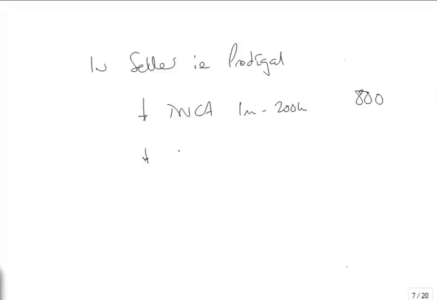And the seller, who is it doing the selling? Prodigal. We need to decrease TNCA by 1 million minus 200,000. And we need to decrease Prodigal's retained earnings by 800,000. Okay, that's paragraph 2.